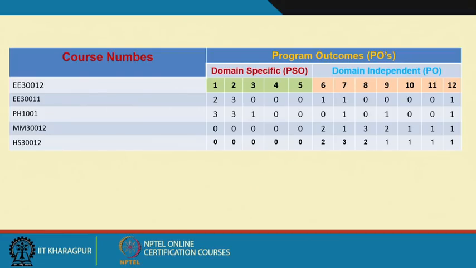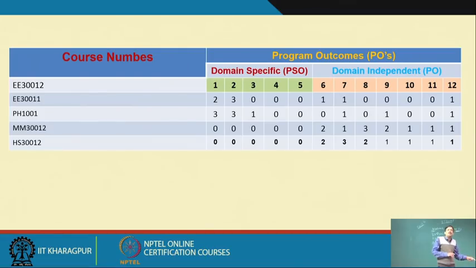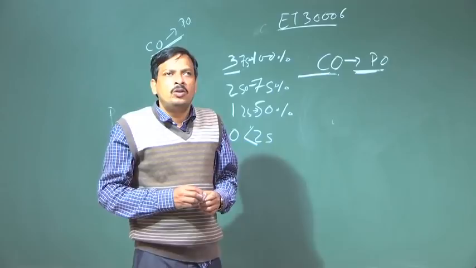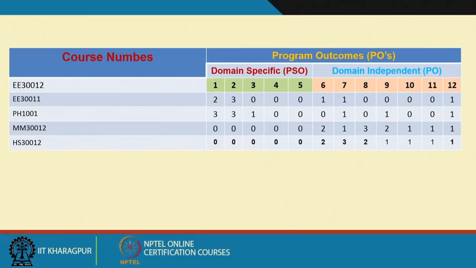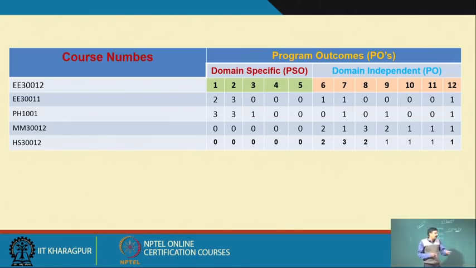Here the laboratory courses are also included, because conducting investigation is also a part of the PO. So, all outcomes of the laboratory courses are also there. If it is number 4 PO, conduct investigation, design of experiment, so from the lab courses that will be fulfilled.